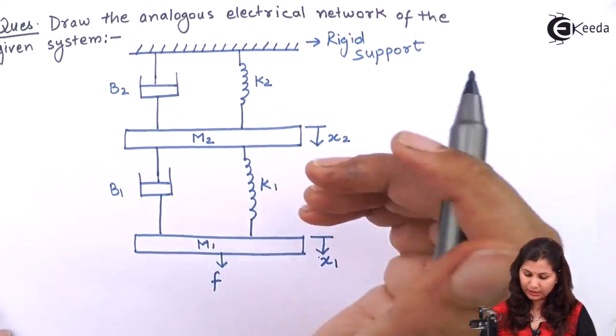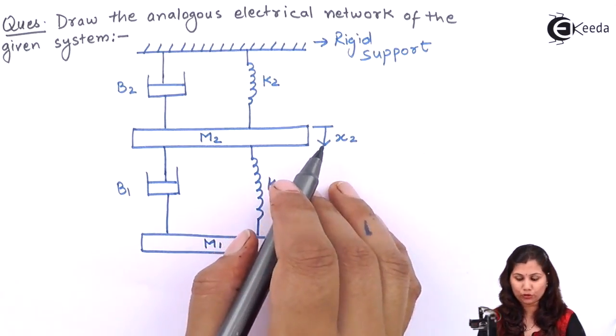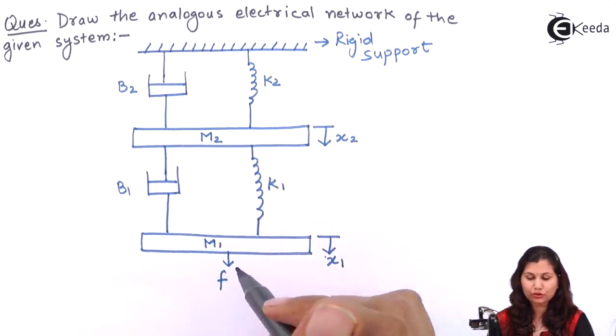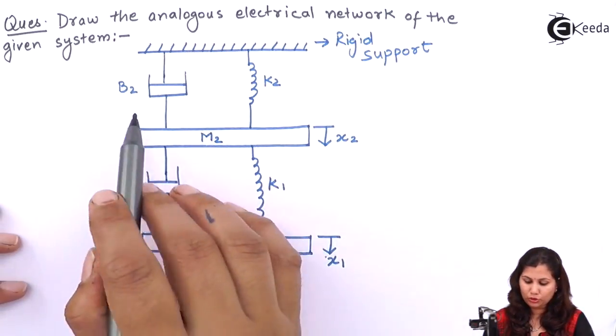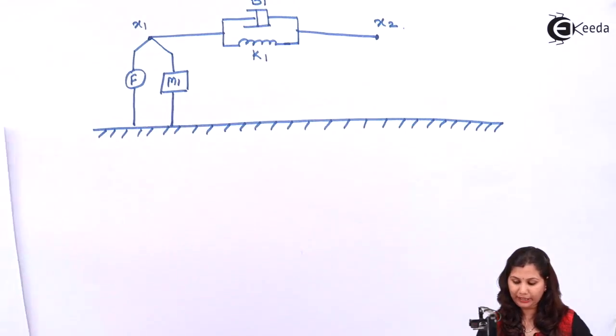Now M2 will be influenced by the displacement x2 only, because masses are not influenced by the difference of the displacements. B2 and K2 are also under the influence of the displacement x2.